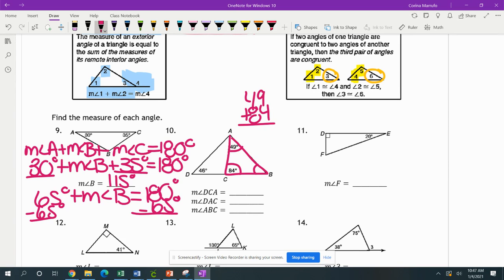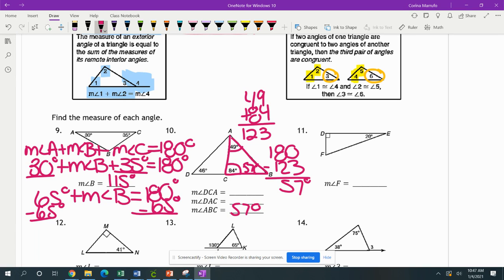Those two angles together give us 123. All three of them need to add up to 180, so we do 180 minus 123, and that gives us 57. So 57 degrees is this one, which is angle ABC, right here.